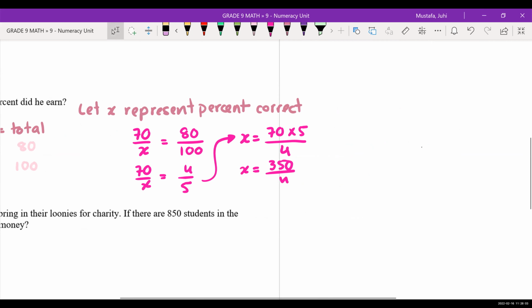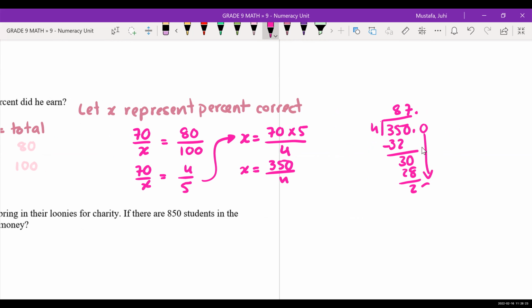Okay, I know you guys are good at mental math, but I'm going to use the long, old-fashioned way. This is going to be 8, 32, subtract. Oh, we end up getting a decimal. So we're going to add a decimal place here, 0, bring it down, another 0 there, and we're going to end up getting 87.5.